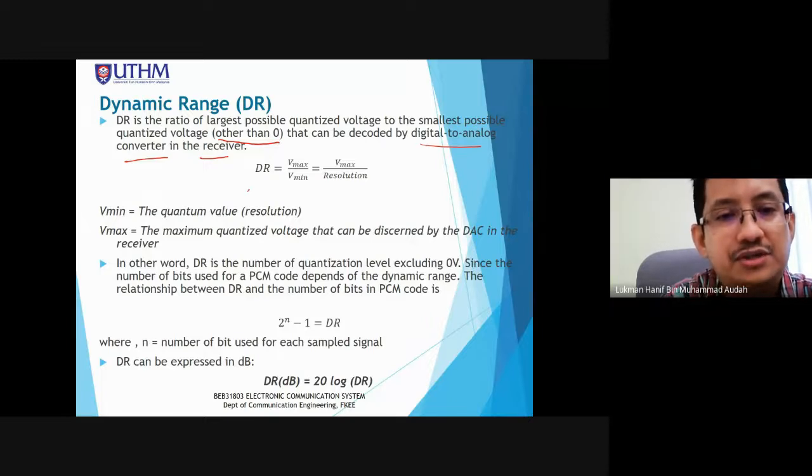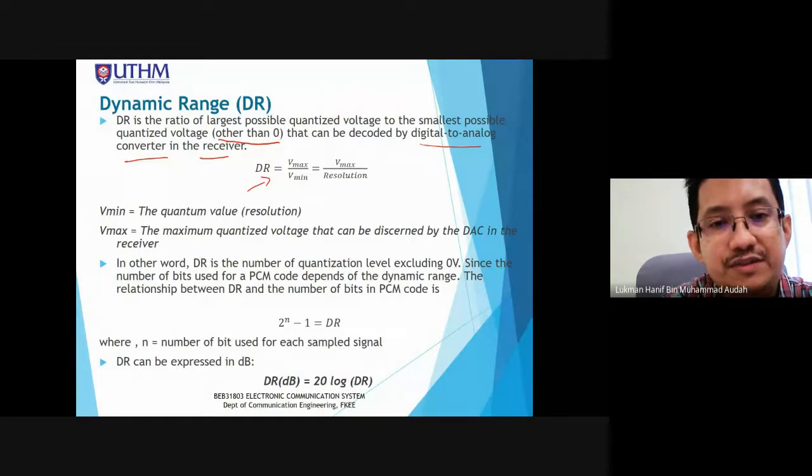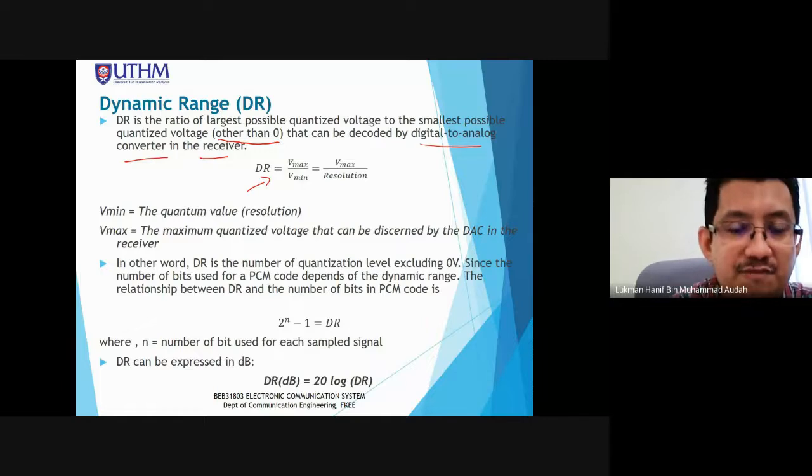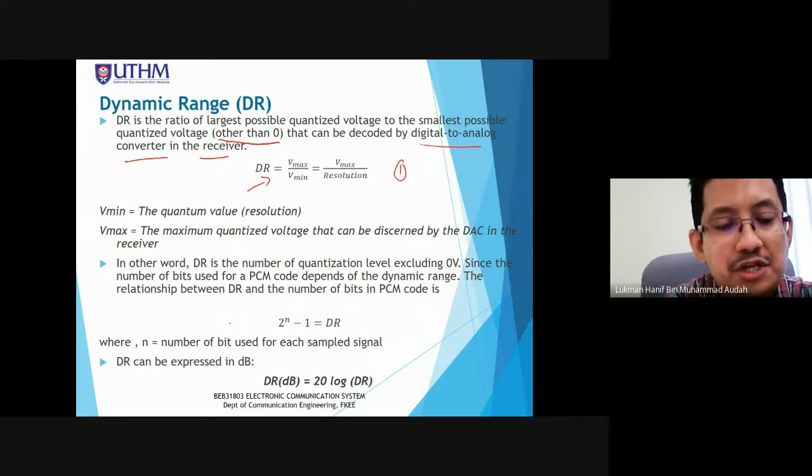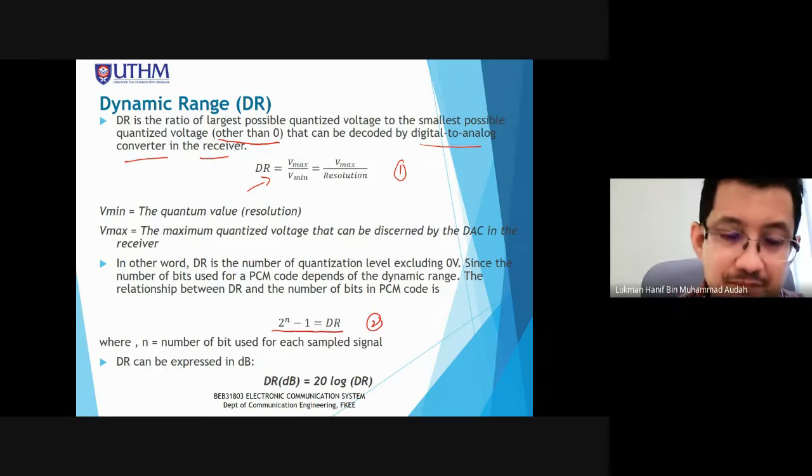So dynamic range can be defined as Vmax divided with Vmin or Vmax divided with the resolution. Ini equation yang pertama. Ataupun boleh juga kita buat menggunakan equation ini. Okay, dynamic range can also be defined as 2 power of n minus 1.